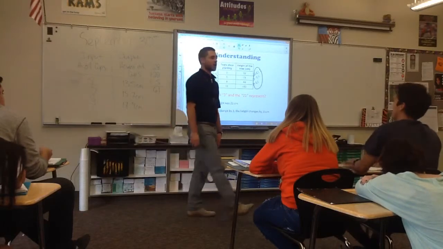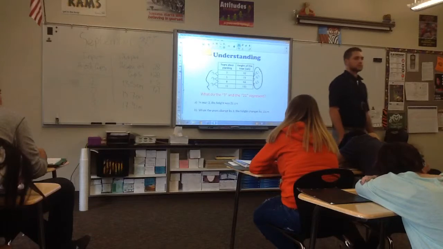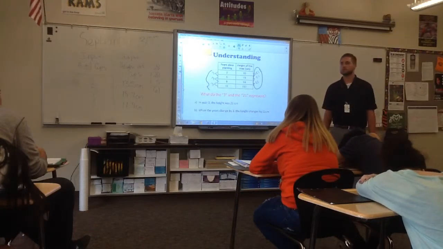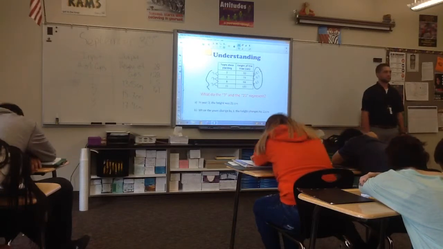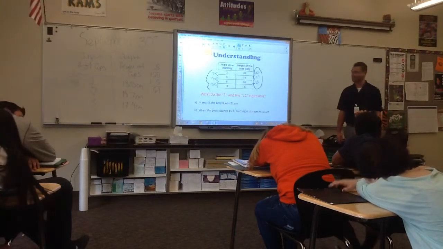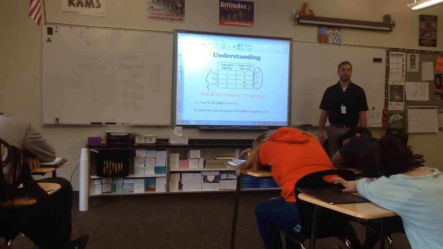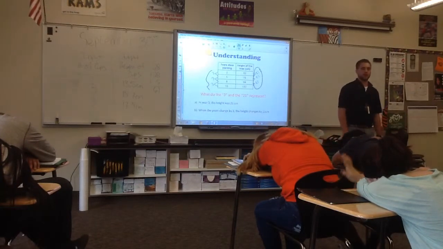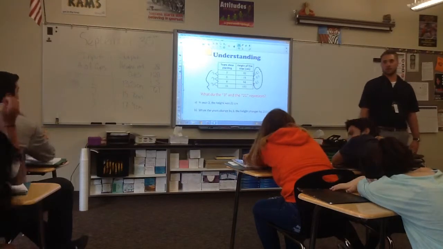Put your heads down once you have an answer. Alright, raise your hand if it's A. Raise your hand if it's B. Good, everyone said B, you can put your heads back up.